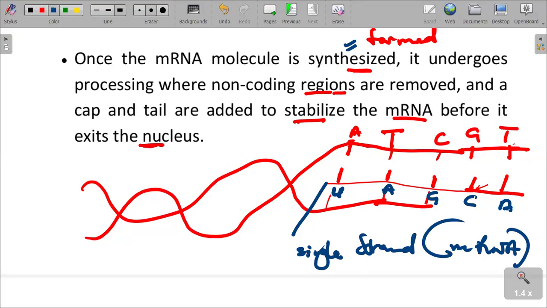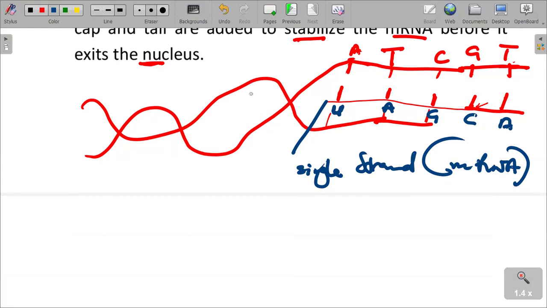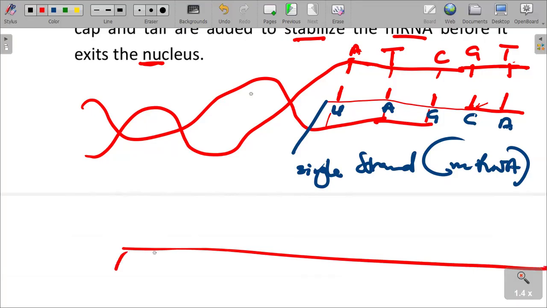When this single strand is formed, it moves out of the nucleus, and then it lies there as a single strand. It is the same molecule which is moving from 1 to 2, the mRNA molecule.